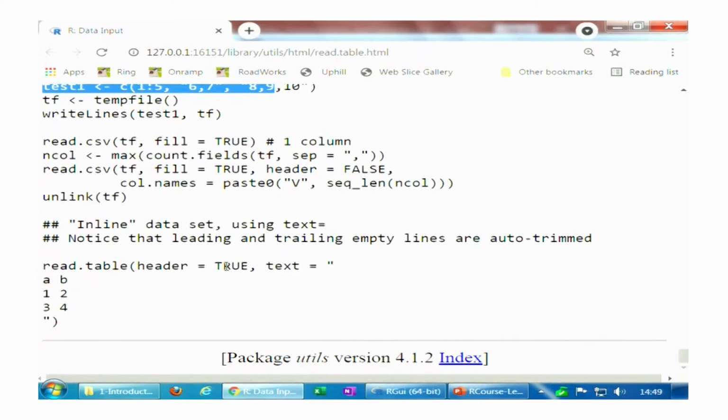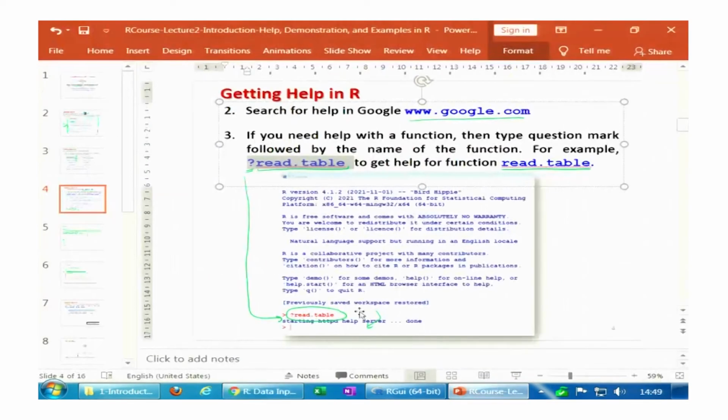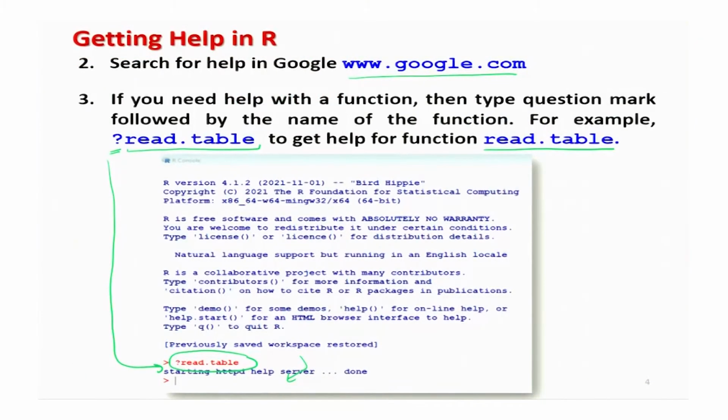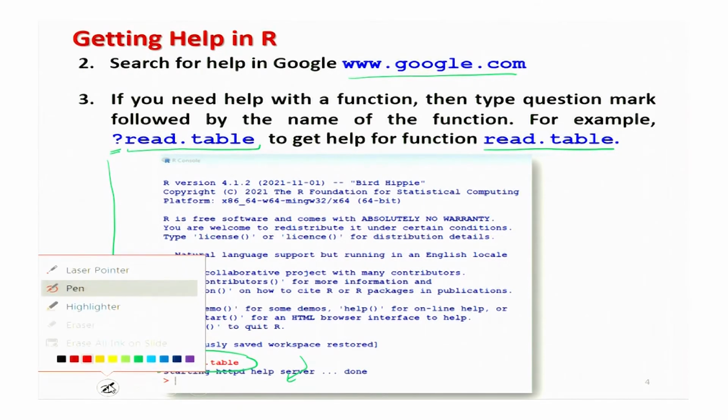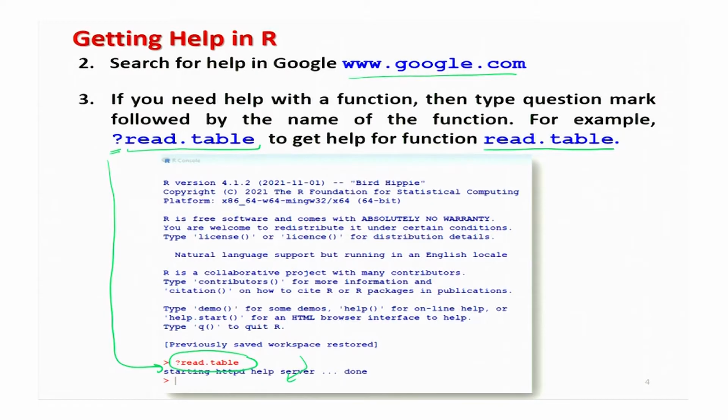So now, R itself is giving you the complete information, and once you read it, you will know the complete information about this command read.table. Surely, when you are trying to work, it may be possible that all the options given here may not be useful for you.